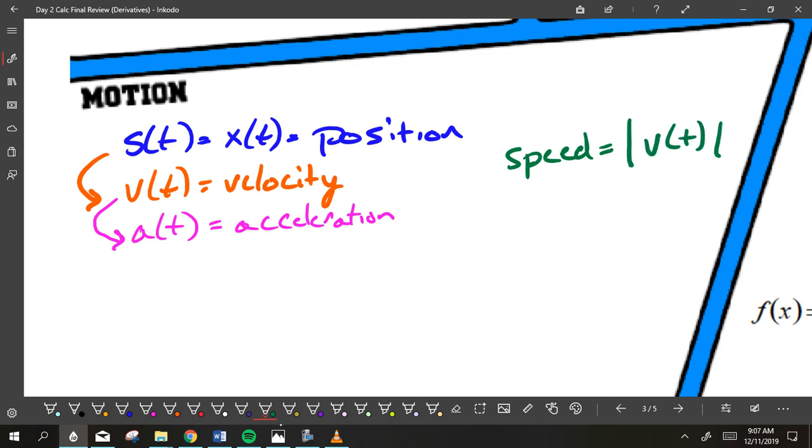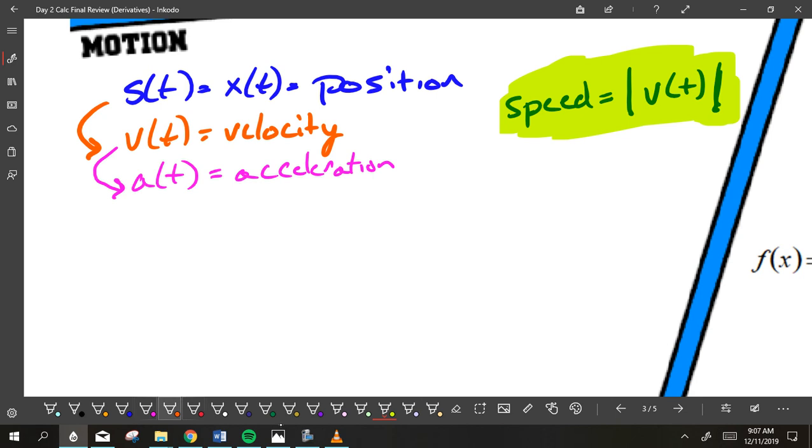So if the speed of something is 4, what was the velocity? It could have been 4 or it could have been -4. We really don't know. Either one is fine because we're talking about the absolute value. Maybe put a star by this, because we might have forgotten what speed means. So don't forget about that.